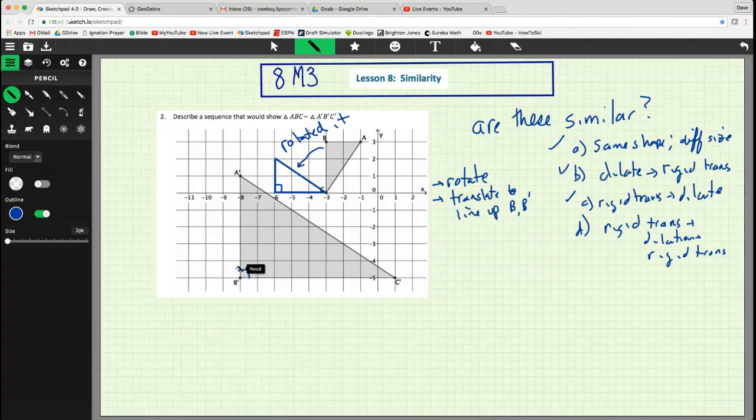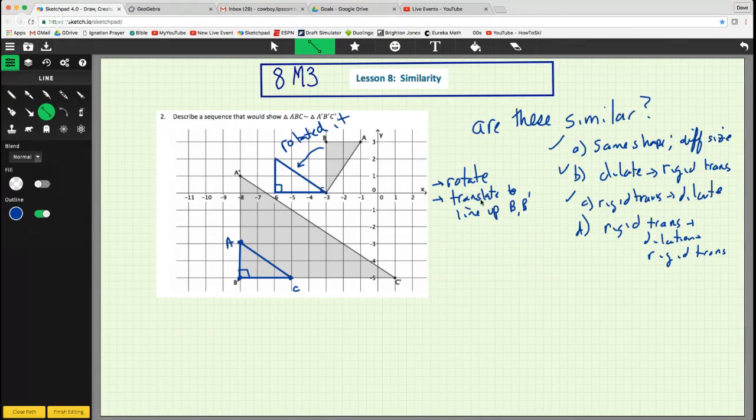Left 2, down 5. So here we've got B. So left 2 and down 5: 1, 2, 3, 4, 5. So that's now point A. Now this is going to go left 2 and down 5, and that's our point C. So we have now translated our triangle, right?